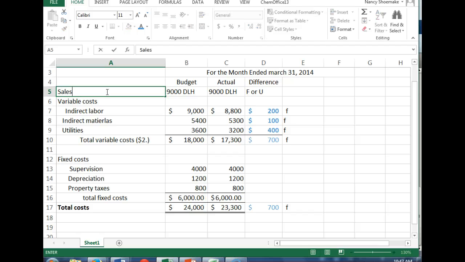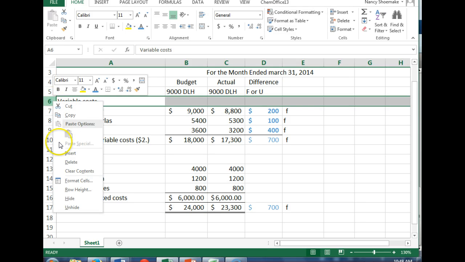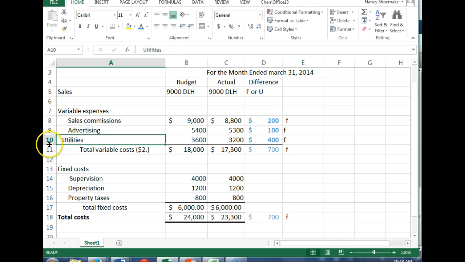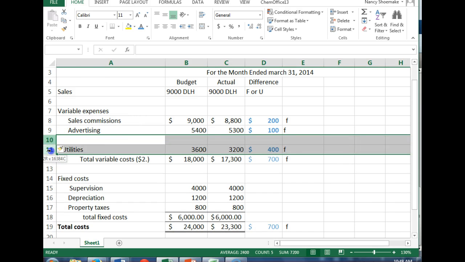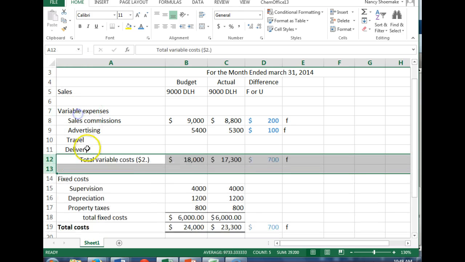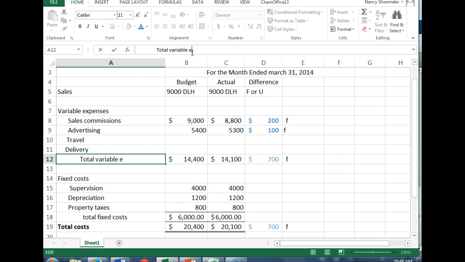This is going to be sales. This is going to be variable expenses: sales commissions, advertising, travel, delivery, total variable expenses.